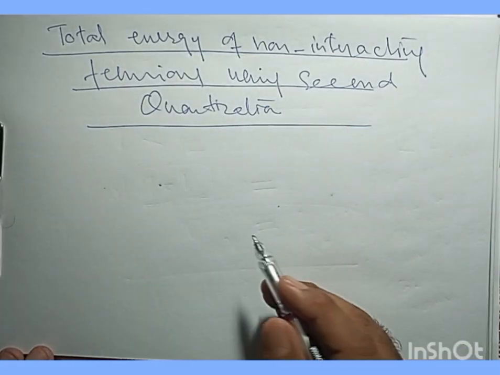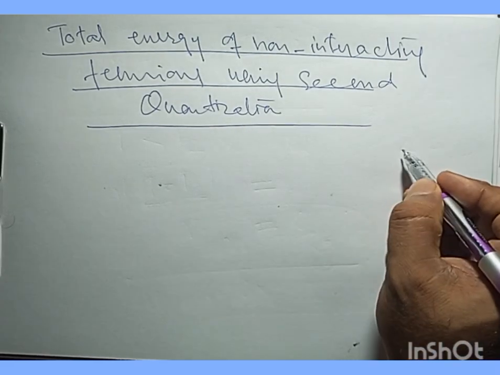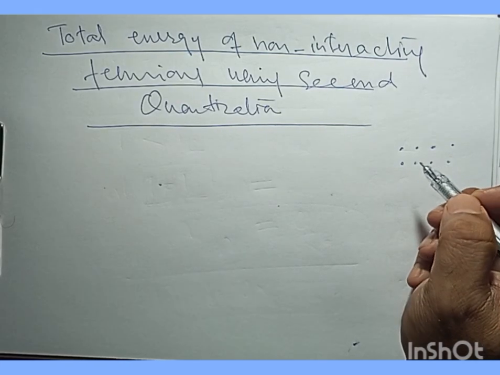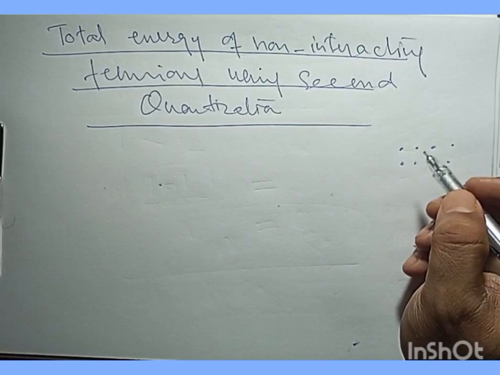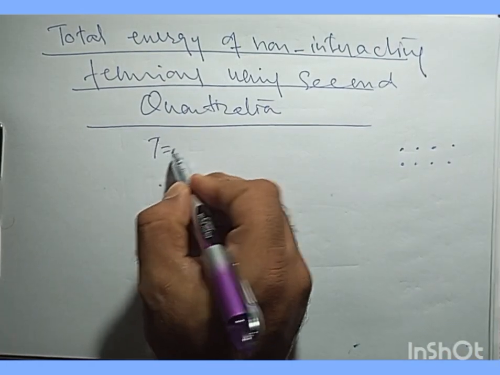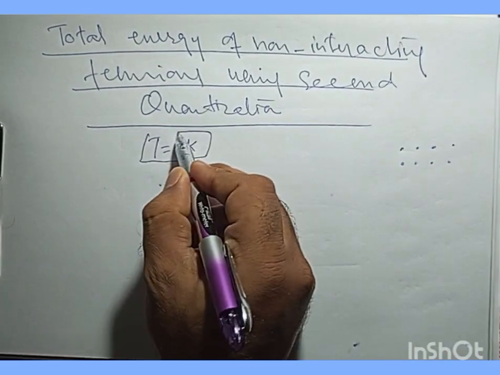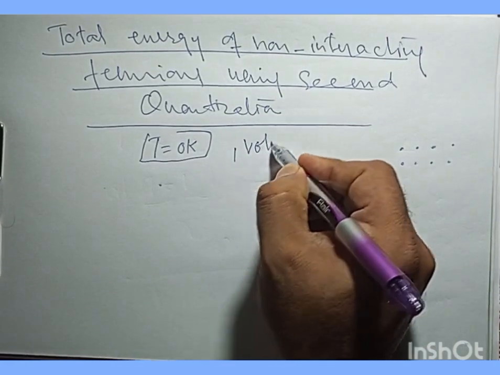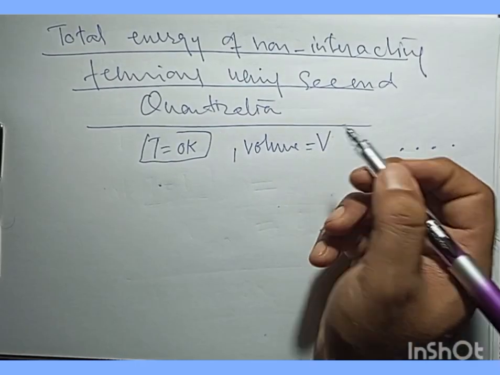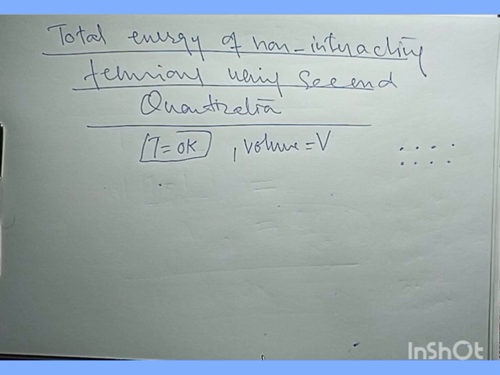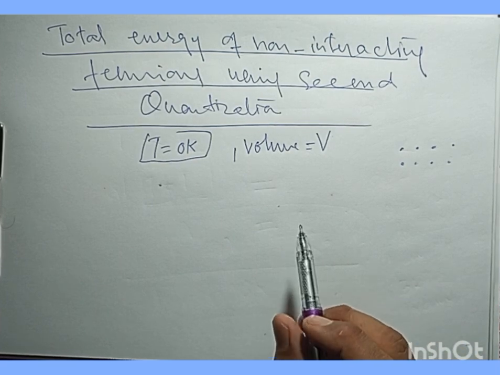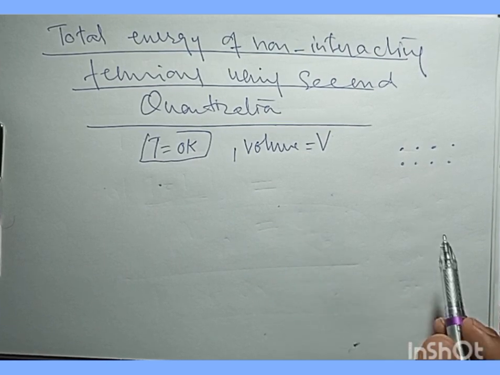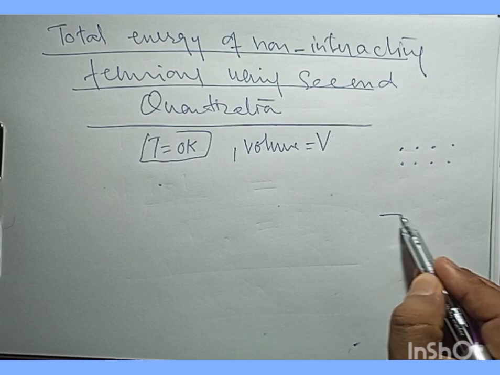And using second quantization, what we intend here is to calculate the total energy of this non-interacting Fermi gas at T equal to 0, assuming the system is confined to a volume V. The approach that we will adopt is to use second quantization to set up the problem and calculate the total energy of the fermions by summing over the occupied states up to what we call the Fermi level.